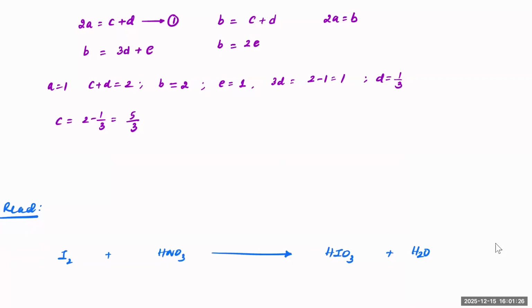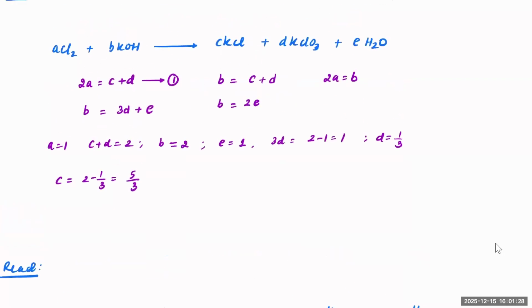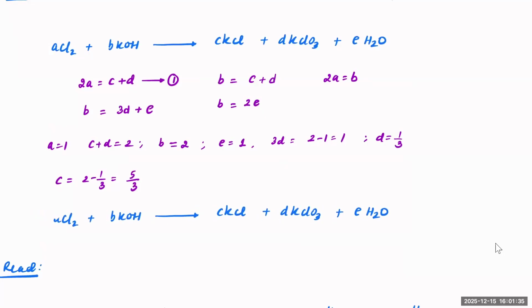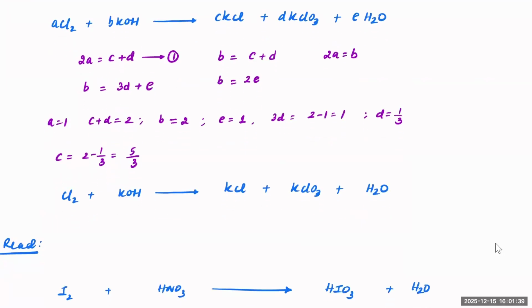Correct? Yes, sir. Now, let me put all of these values back into the equation. So A, I took it as 1. B, I got it as 2. C, I got it as 5 by 3. D, I got it as 1 by 3. E, how much we got? 1.